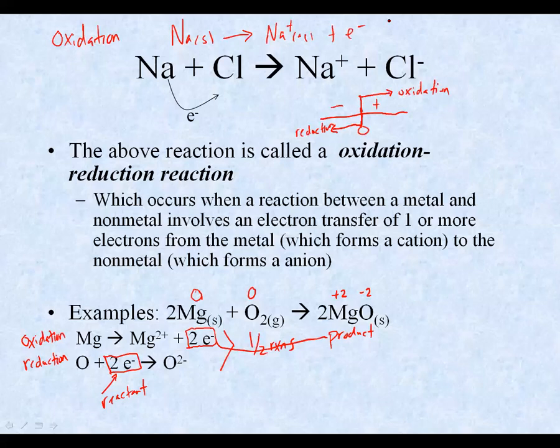While if we did our reduction half-reaction for this guy up here, we would start with our Cl, and it would gain an electron, and it would make our Cl minus. Truthfully, to balance it out, this would have the chlorine. You would have 2 here, which would give you 2 electrons as well.